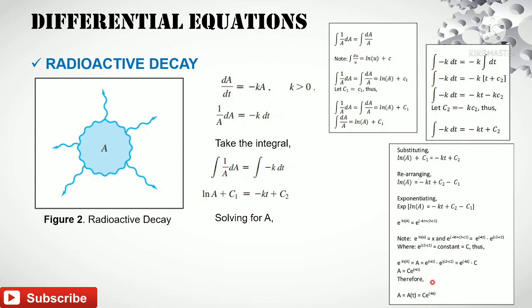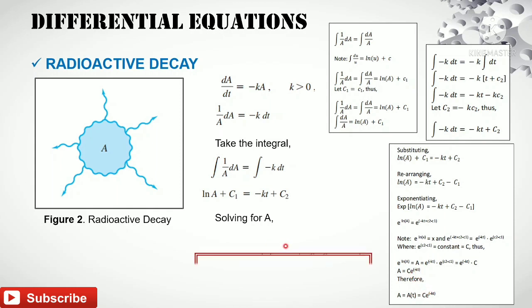So therefore, we can say that a is a function of t, since k is the proportionality constant. And since a is a function of t, a of t is equal also to c times e raised to the power of negative kt.